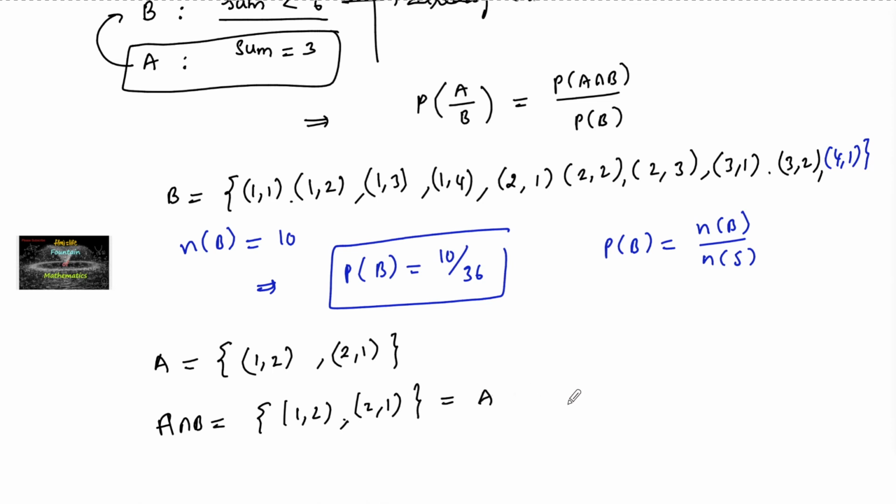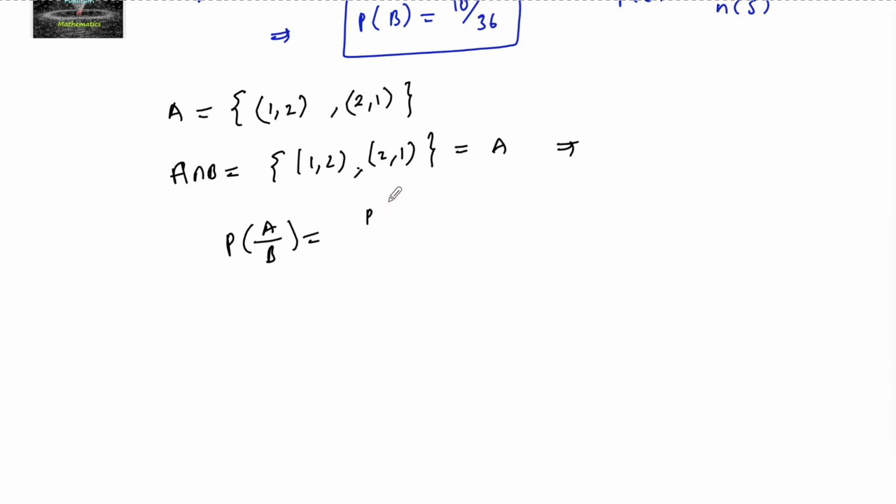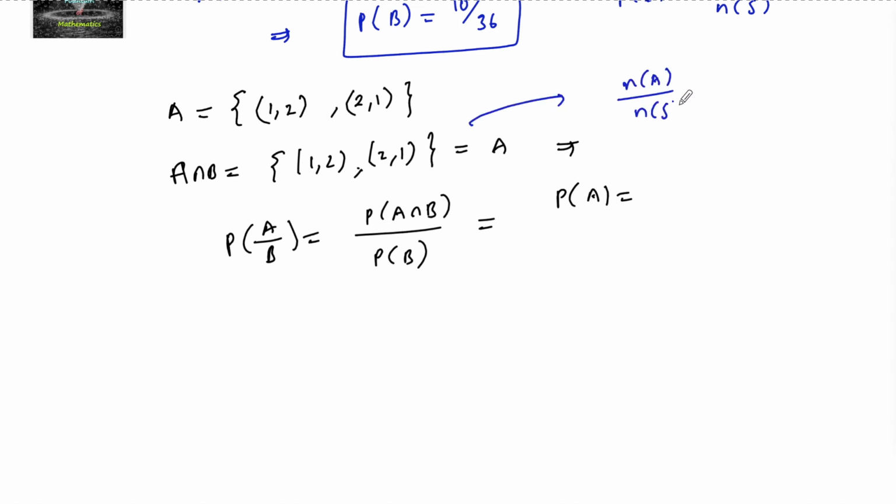So which is equal to A. Then we can write the probability of the conditional event P of A by B, which is equal to P of A intersection B upon P of B. This is P of A, and the probability of event A, here only 2 are there, that is the number of elements in A upon the number of elements in the sample space, that is 2 out of 36.